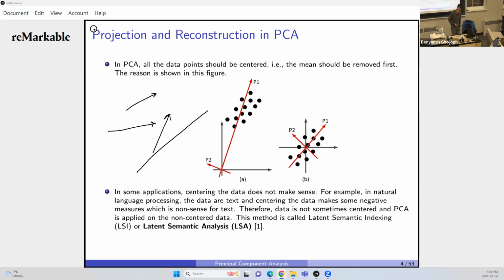Let me explain it in a more mathematical way. In a vector space, any linear combination of vectors must lie in the same space. So a x1 plus b x2, etc., should be in the same space. A simple example is x minus x. Every vector minus itself must be in this space, which is the origin.